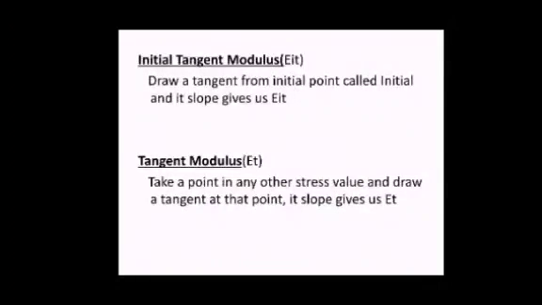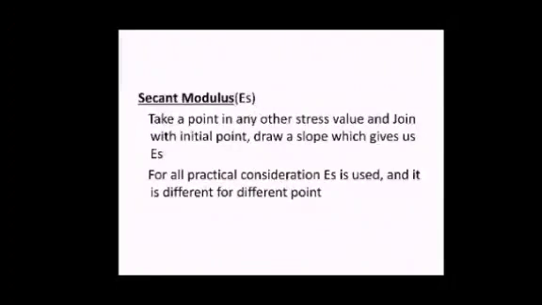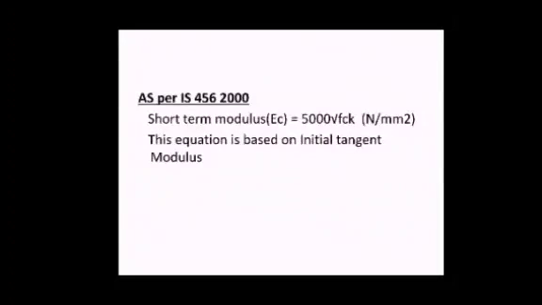See, this is the definition of initial tangent modulus and secant modulus. But as per IS 456-2000, short-term modulus is equal to 5000 root fck. This is an empirical formula given by IS 456-2000. The unit is Newton per mm square.